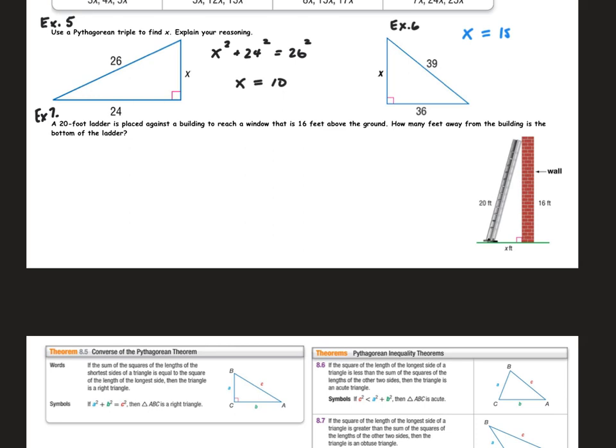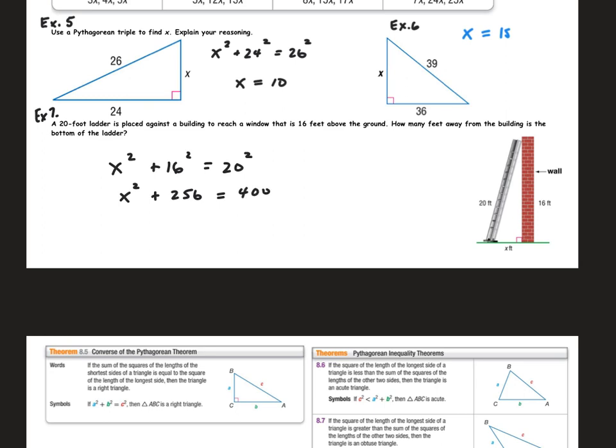So I know that x squared is a leg. I know that 16 represents my second leg. That is going to equal 20 squared, which is the hypotenuse. x squared plus 16 squared, 16 times 16 is 256, equals 20 squared, 400.